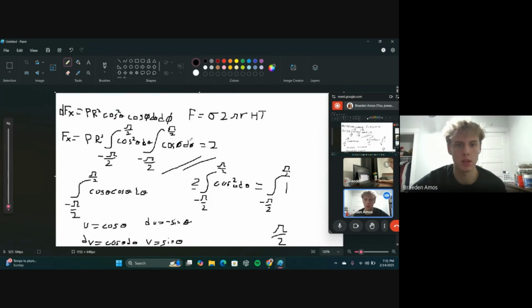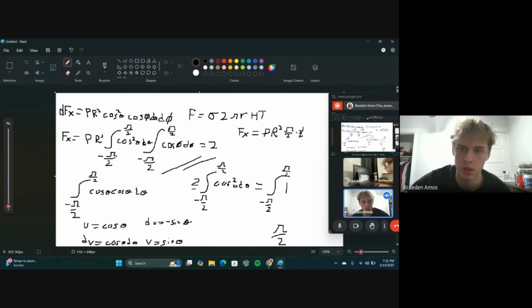Now, since we know that this integral is 2 and this integral is pi over 2, we can rewrite Fx. Fx equals pressure times radius squared times pi over 2 times 2.